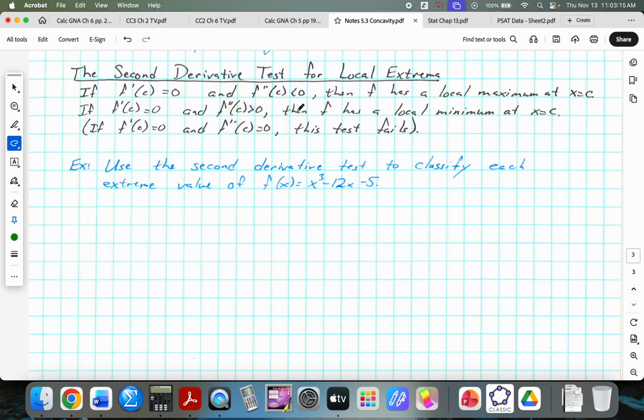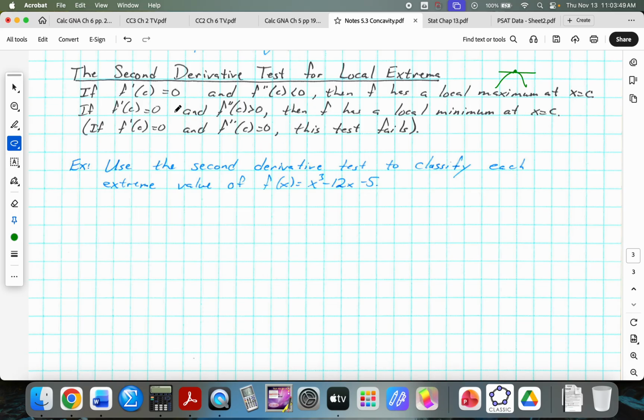And if f double prime is less than 0, what does that mean about f? That means f prime is decreasing, which means f is concave down. Oh, hey, if I have a function that's concave down at this point and it has a horizontal tangent, that's got to be a local maximum.